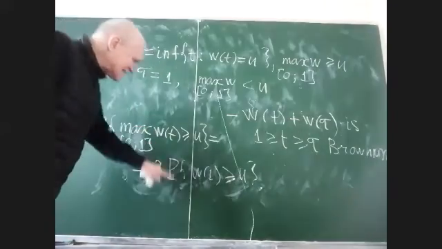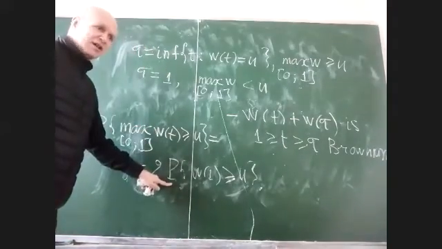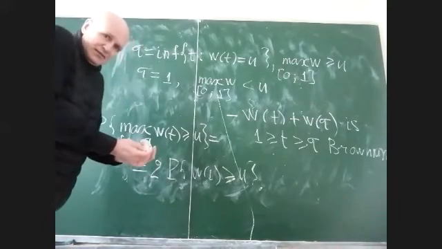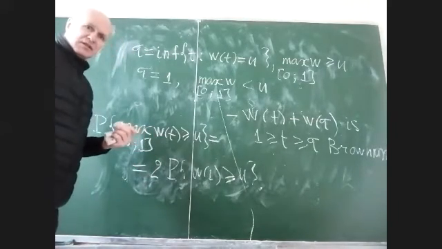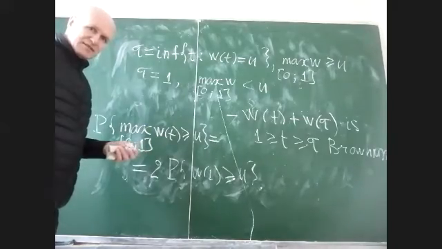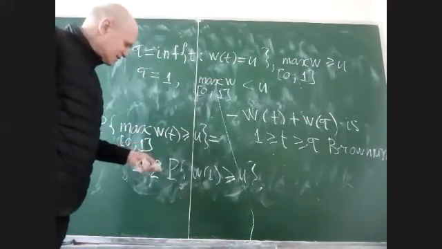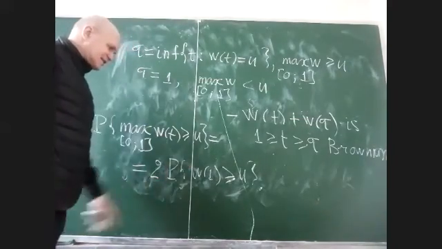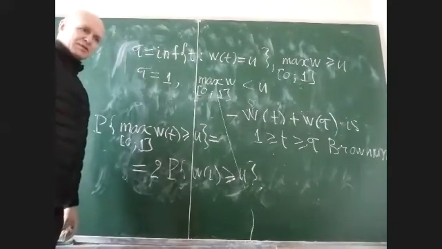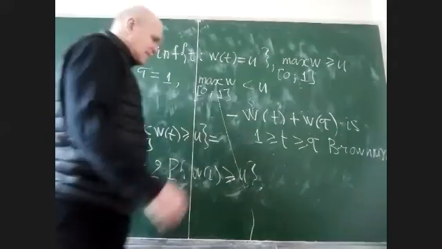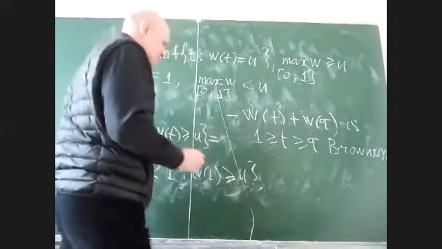And from this expression, I can find the density for the maximum. It's very easy. It is just 2 times the density of the Gaussian distribution. I don't even need this expression.